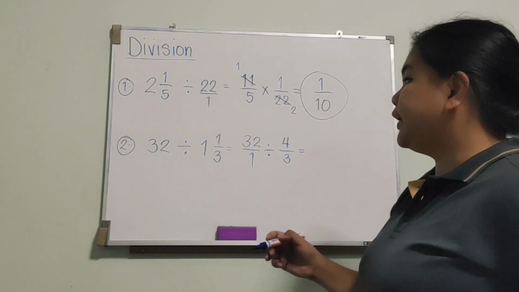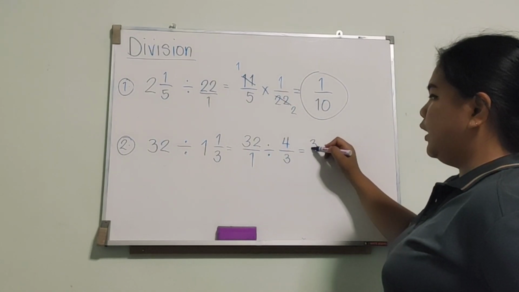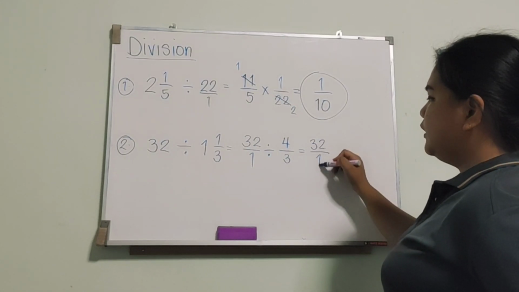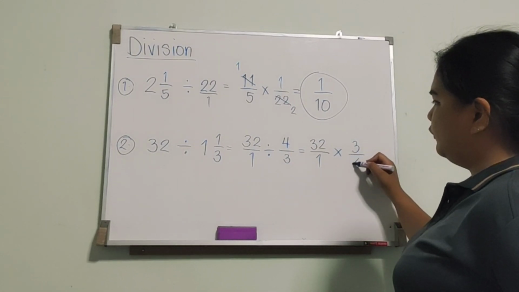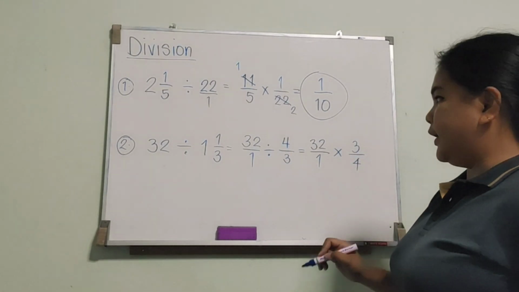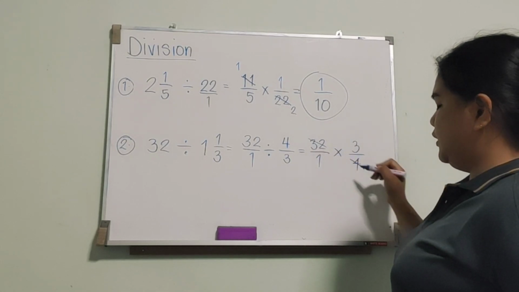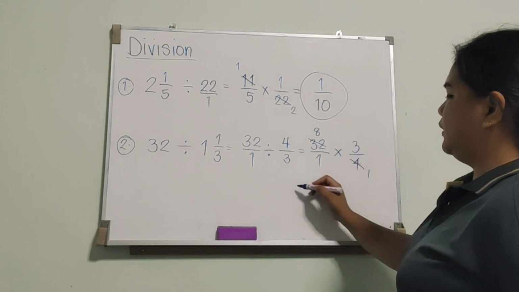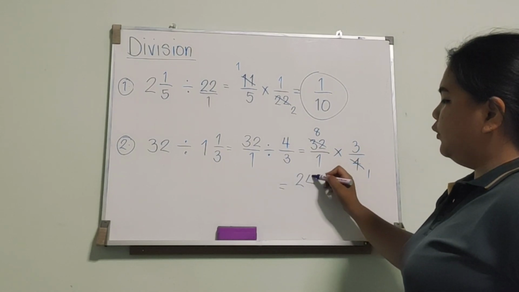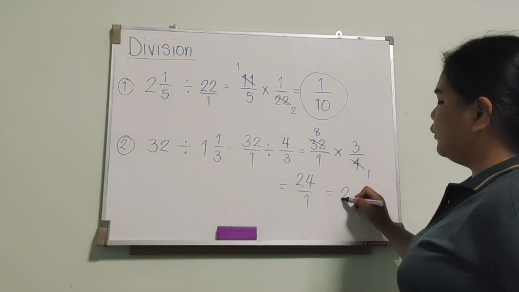After that, I am going to get the reciprocal. So the first number, still copy, times 3 over 4. Next, cut these numbers. 4 becomes 1, 32 becomes 8. And I will get 24 over 1, or 24.